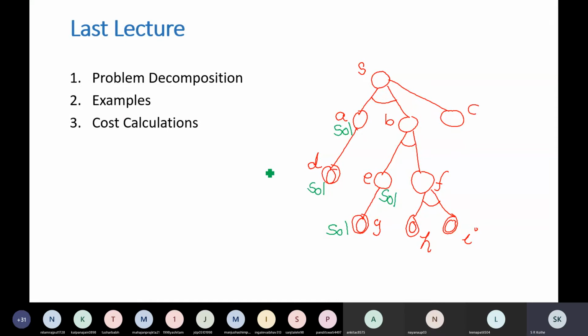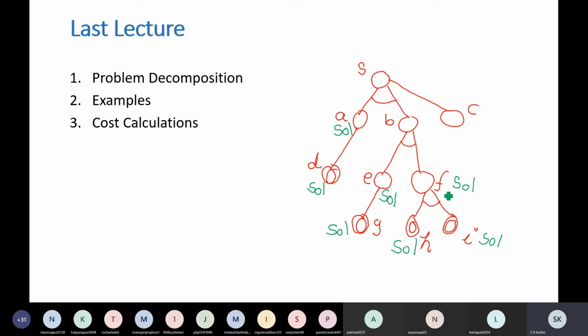You are at nodes H and I. What kind of labeling will take place? You have to label H as solved, and I is also a terminal goal node, so I will also become solved. Now since both are solved and this is AND, F can become solved.